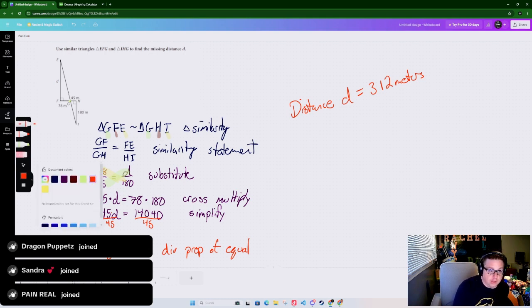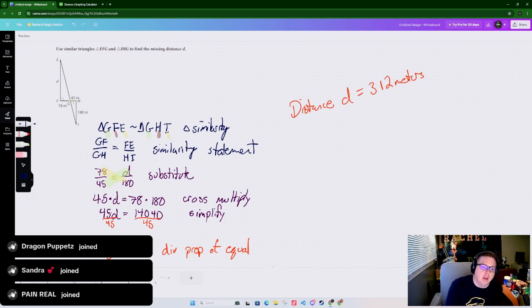Some teachers really care about it, other teachers not as much. But if you write each of these statements with justification, I'm sure your teacher may overlook the fact that you didn't write distance equals 312 meters. You're giving a lot of information here. You're showing that teacher that you know exactly what's going on with the problems.